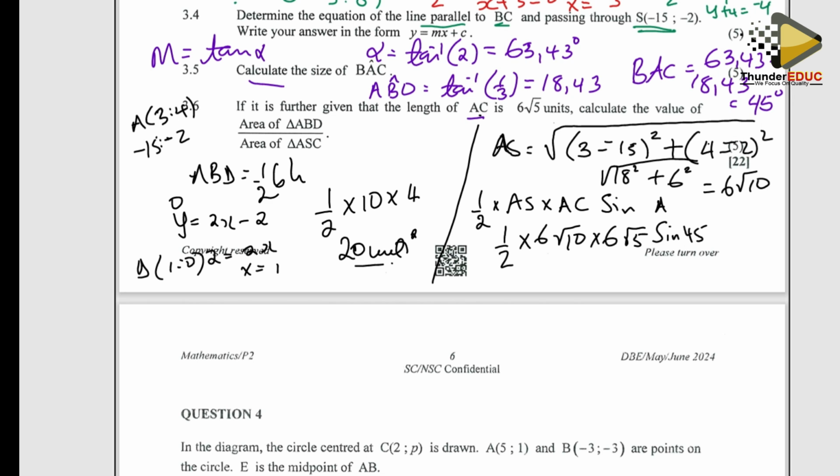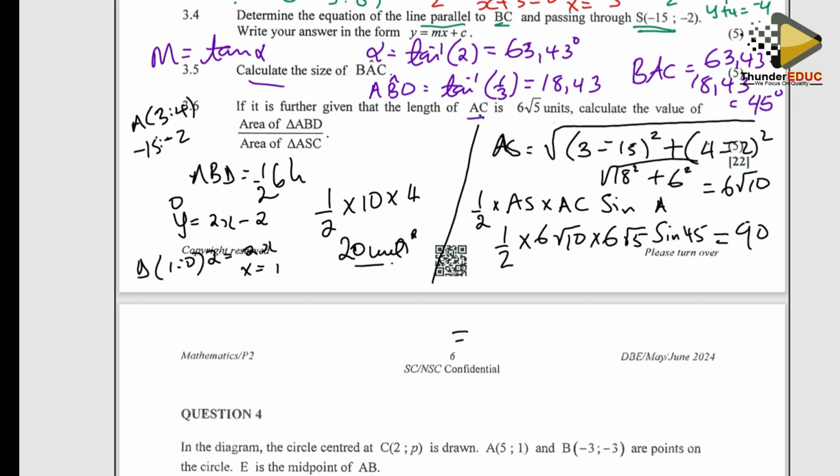Okay, so when I get these 20 units divided by this, let me simplify this. So 0.5 times 6√10. Okay, I'm multiplying it by 6√5, and then multiplied by the sine of 45. What we get? We're getting a 90.